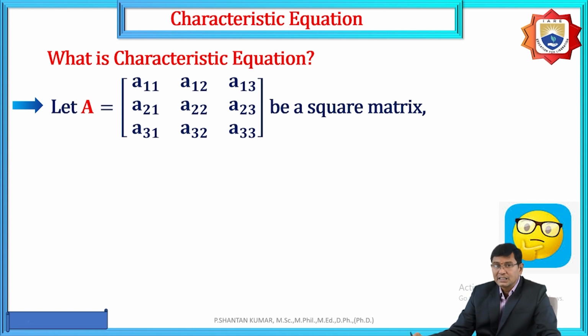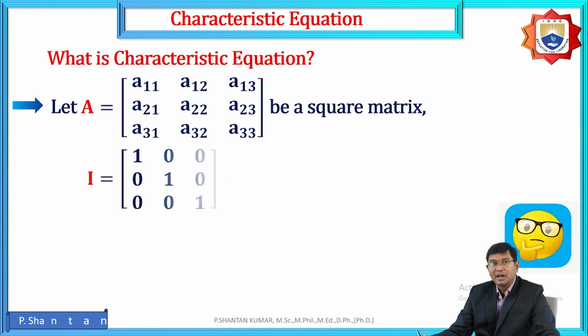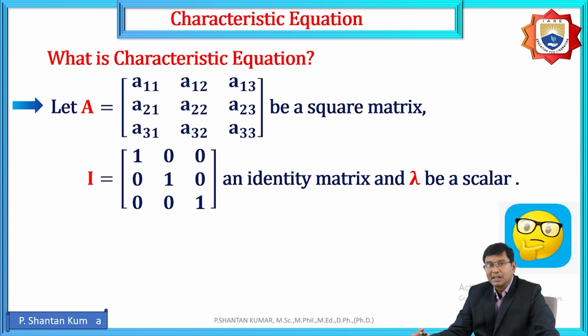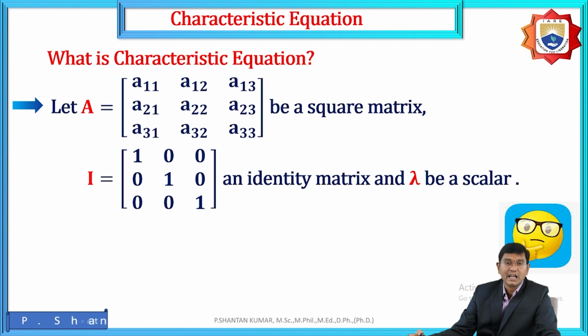It is a square matrix of order 3 by 3. Here, I is also the 3 by 3 unit matrix, that is 1, 0, 0, 0, 1, 0, 0, 0, 1, an identity matrix, and lambda is any scalar.